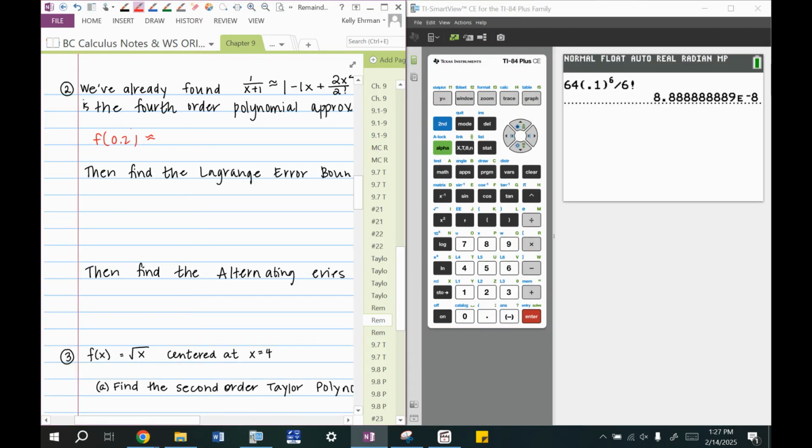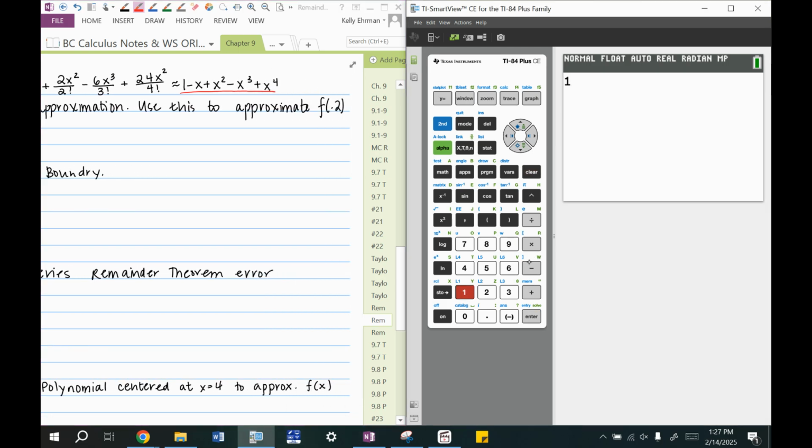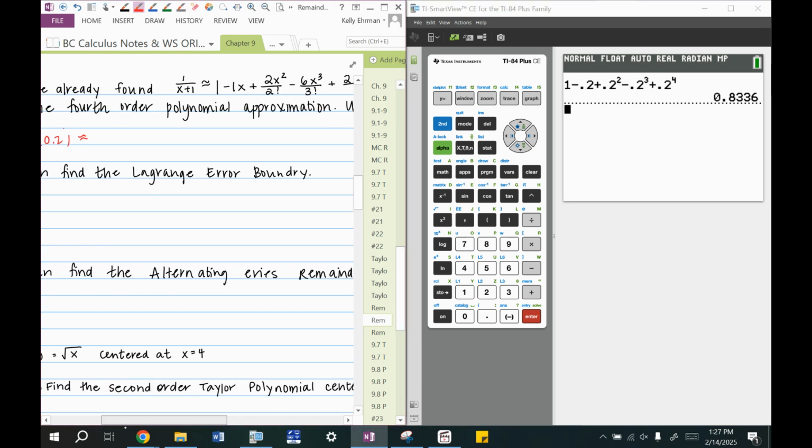So 1 minus 0.2 plus 0.2 squared minus 0.2 to the 3rd. You don't need the parentheses because you're not plugging in a negative and raising it to exponents. So I get this value.